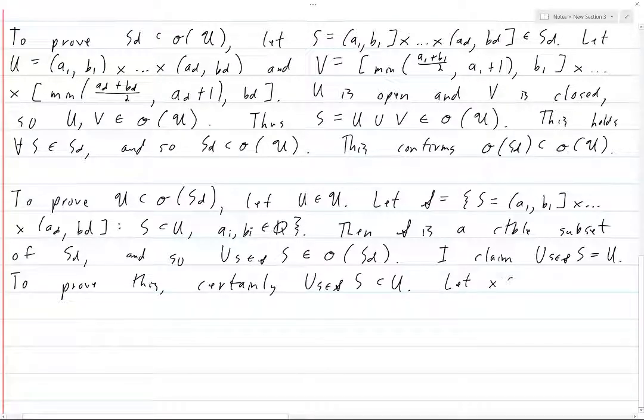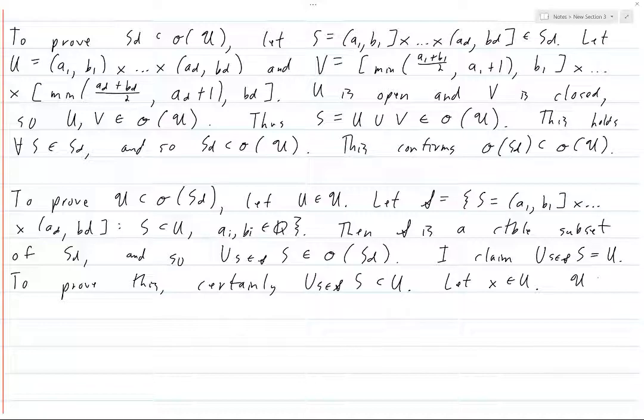So for the reverse inclusion, to prove that U is a subset of this union, let X be in U. And we know from basic point set topology, and I guess it's not technically a requirement for this course, but I would highly recommend, if you haven't seen any point set topology, maybe going through chapter 4 of Folland.